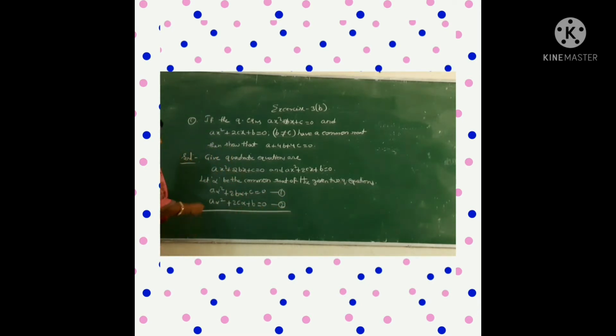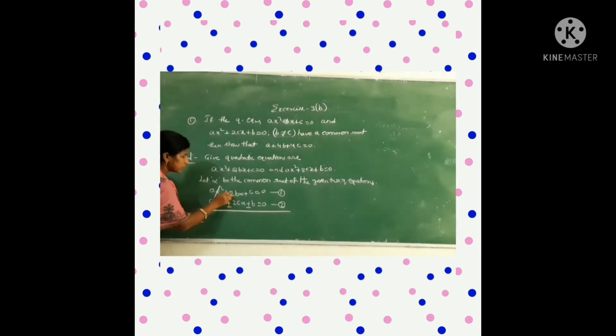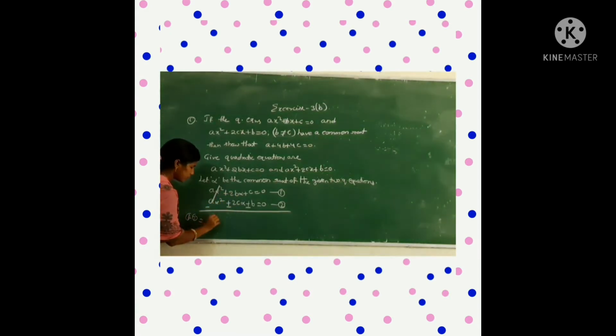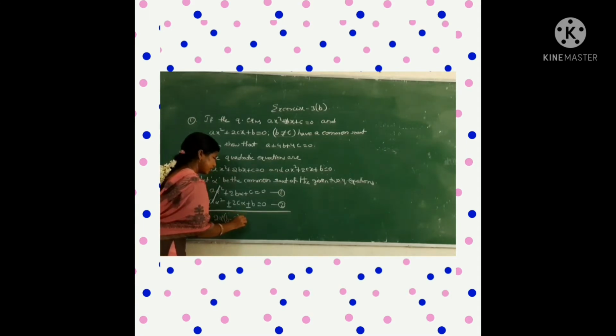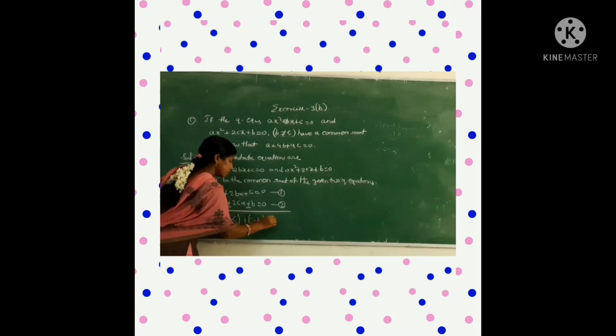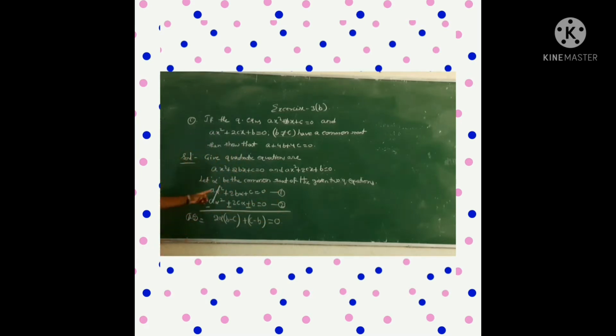Now subtract equation 2 from equation 1. The a alpha square terms both cancel. We get minus 2b alpha minus 2c alpha, so 2 alpha is common, and b minus c, and then plus c minus b is equal to 0. Understand?